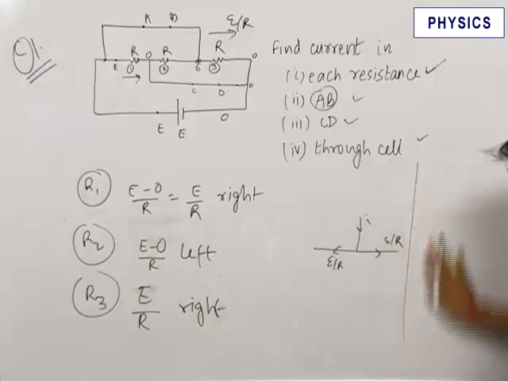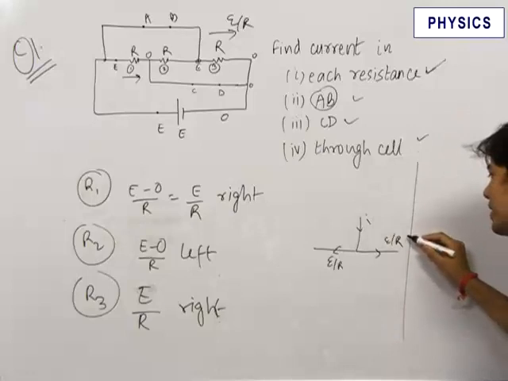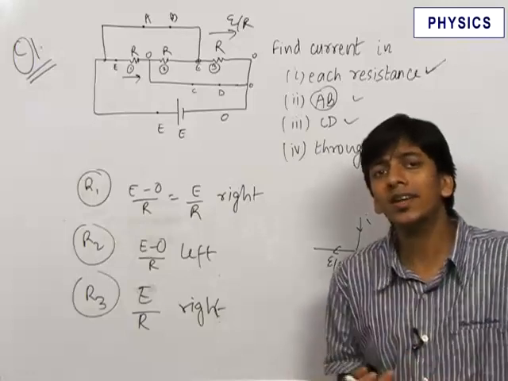Now by Kirchhoff current law, the total current coming to a junction is equal to the total current leaving the junction.